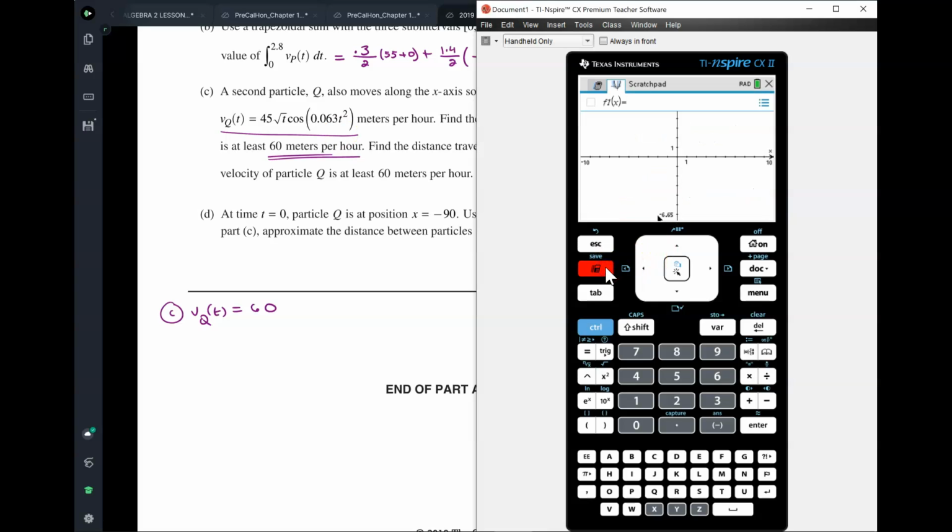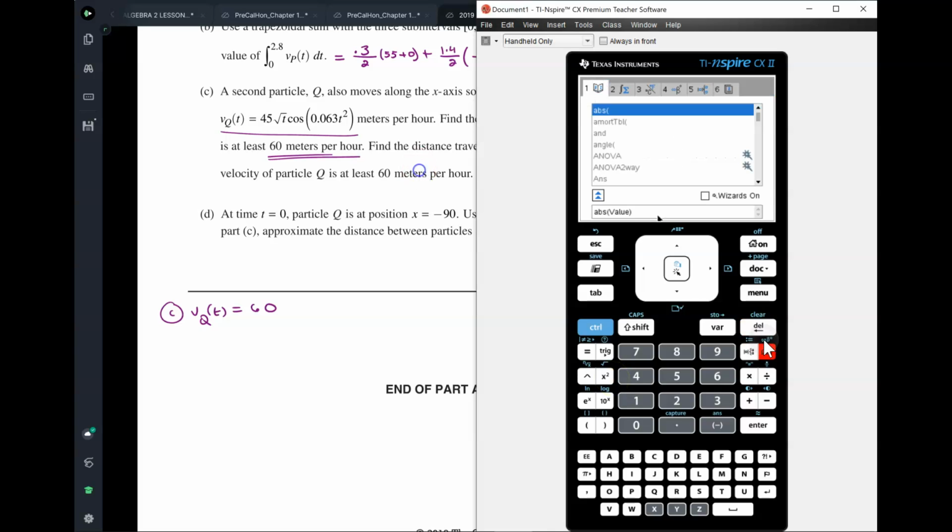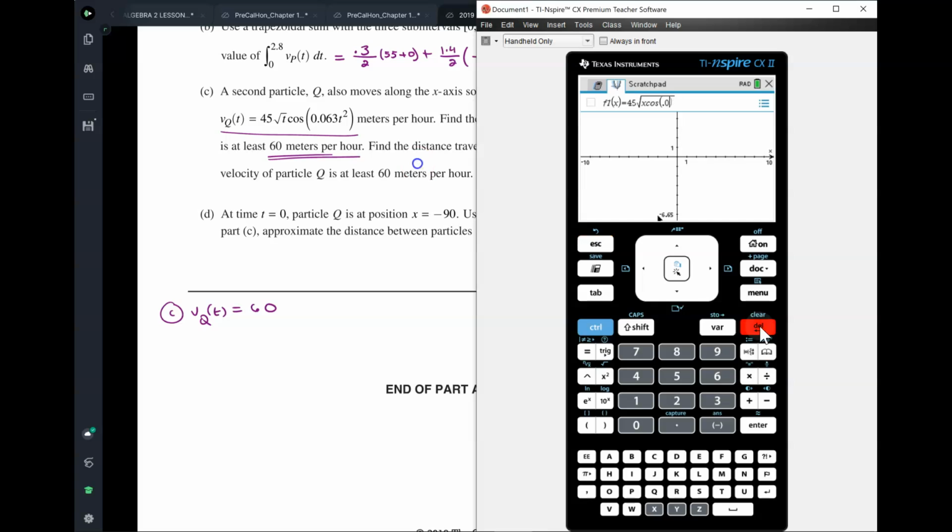So how much is that? 45 root x cosine 0.063 x squared. Okay, so that's how that looks.